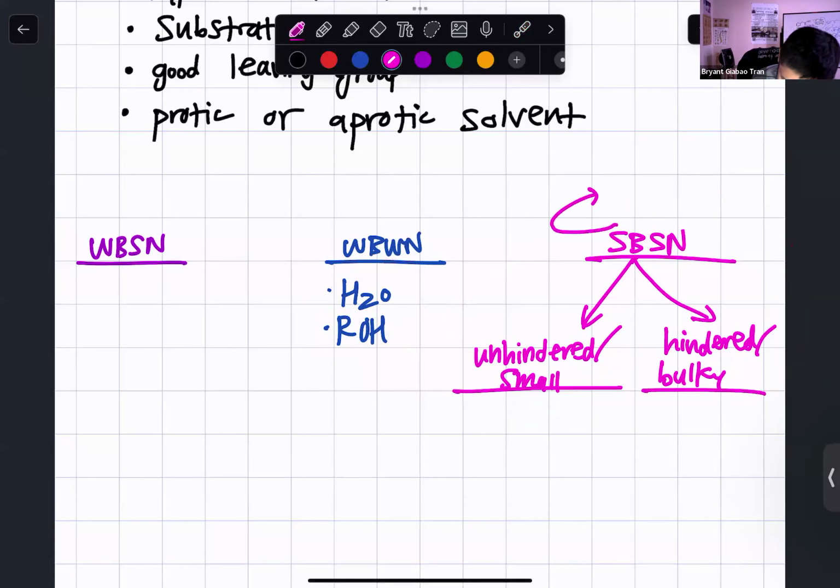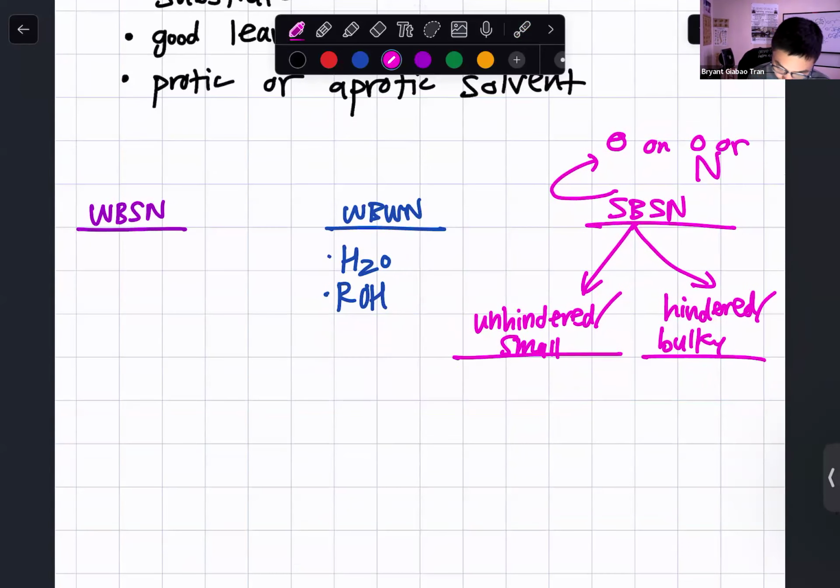Now, the next thing to look at is your strong base, strong nucleophiles. Whenever you have a negative charge on either an oxygen or nitrogen, automatically think of a strong base, strong nucleophile. There's two hindered or bulky bases that you will see: tert-butoxide, which is this tert-butyl group with an O minus group.